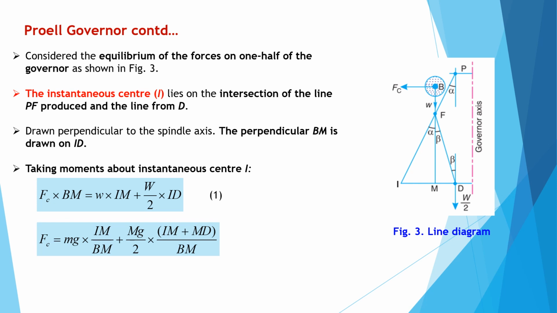Then the centrifugal force Fc is equal to the weight of the fly ball into IM upon BM plus half of the dead weight into IM plus MD divided by BM. And here IM upon BM is tan alpha.